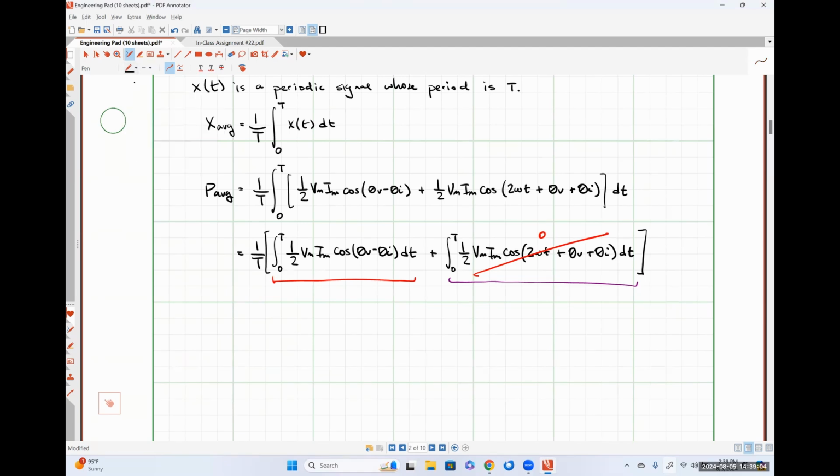So taking the comment earlier that everything on the left-hand side is a constant allows me to pull all of that out of the integration. And so that's going to leave me with 1 over T times 1/2 Vm Im cosine(theta V minus theta I) times the integral from 0 to capital T of dt. What's the integral from 0 to capital T of dt?